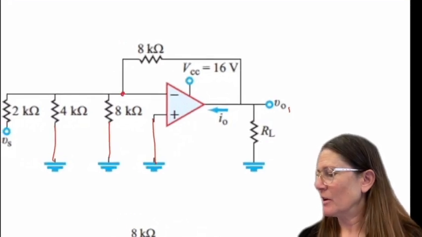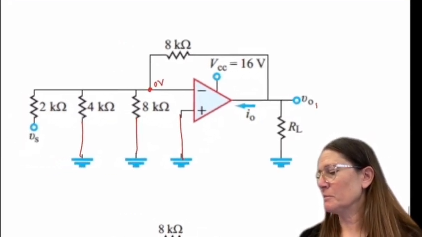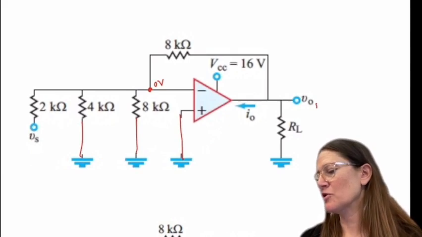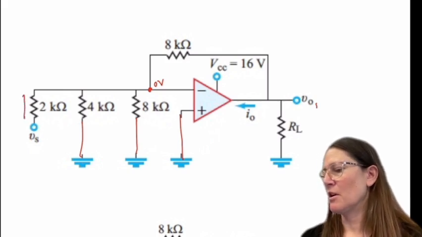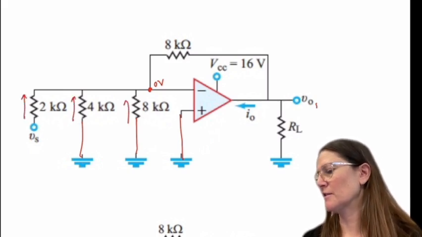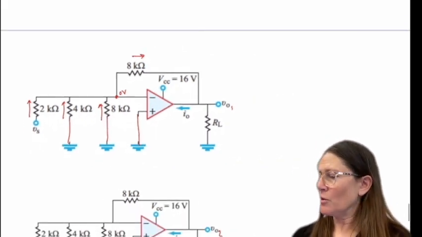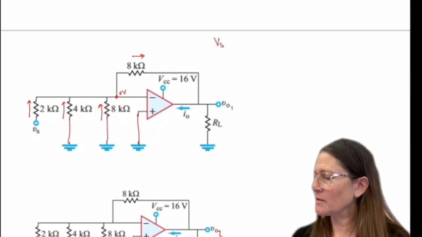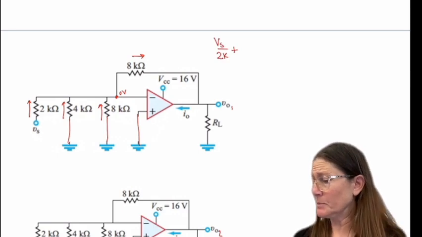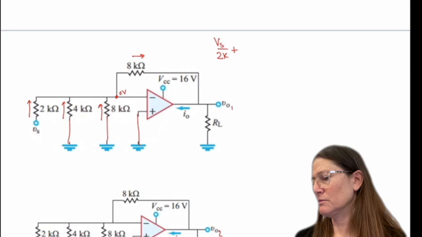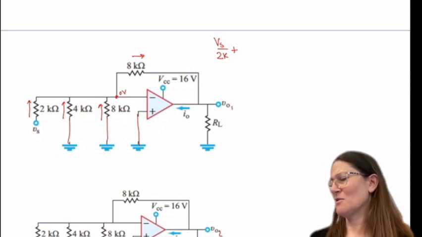So we'll put 0 volts here, and then we can do a node voltage on each of these. I'll put the currents going in, and then this current will be going out. So this will be Vs minus 0 over 2K plus 0, wait, 0 minus 0.